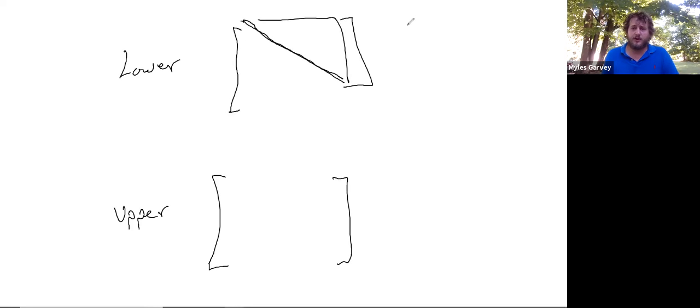So for the lower one, Aij is equal to 0 for all j bigger than i. Because notice that past the diagonal, you're at A12, and column 2 is bigger than the i. If you're at A22, then A23, A24 are the quantities here. So it's all the quantities past the row number, which must be set equal to 0.